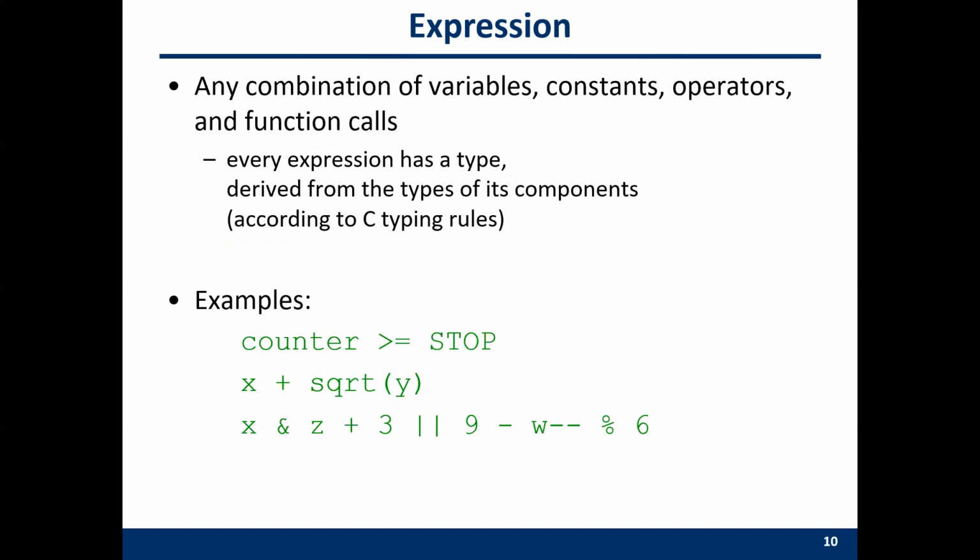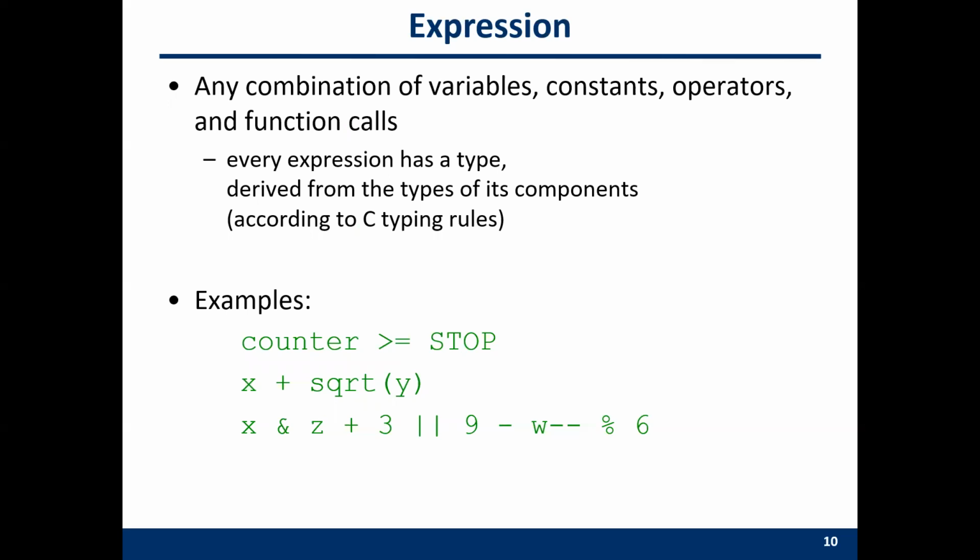Any combination of variables, constants, operators, and function calls can be called an expression. You can have a type for each expression. Here are some examples. So this is a condition.